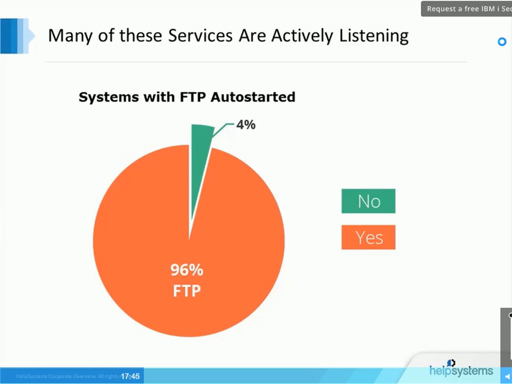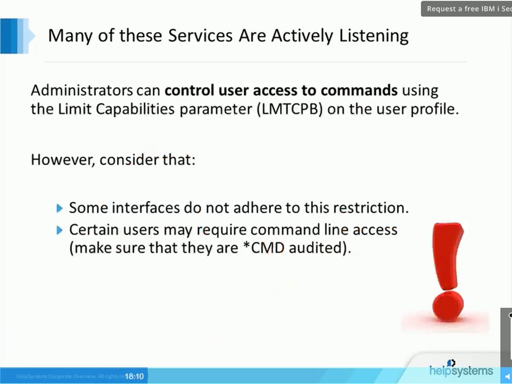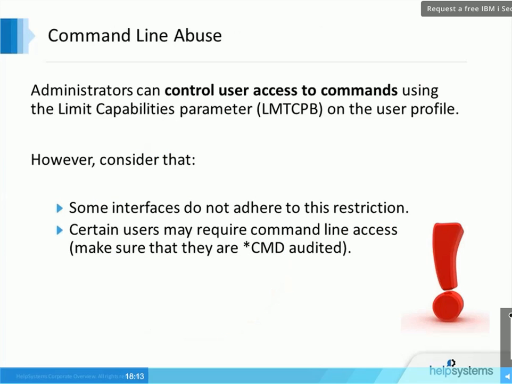FTP, as an example, is set to auto start on the vast majority of systems. Almost all of them have FTP being started the instant the server boots up from an IPL. That means these services are there, they're waiting. And if you remember, the IBM i profiles that are given to the users for the desired applications are also available for logging into other interfaces, including FTP.